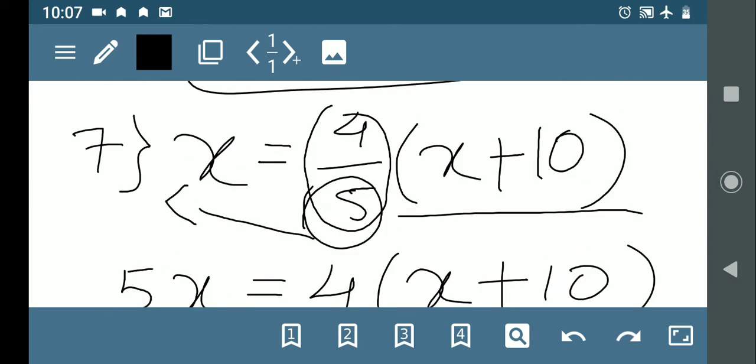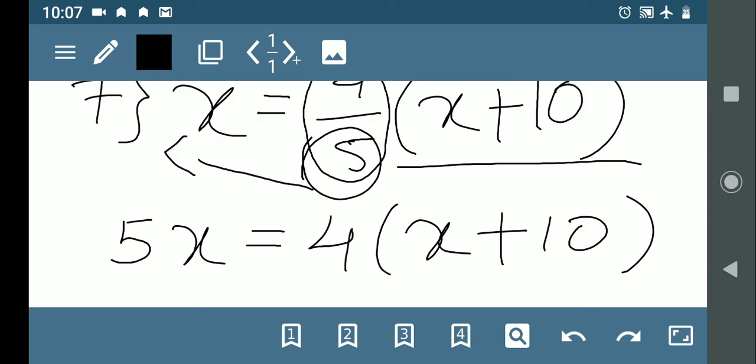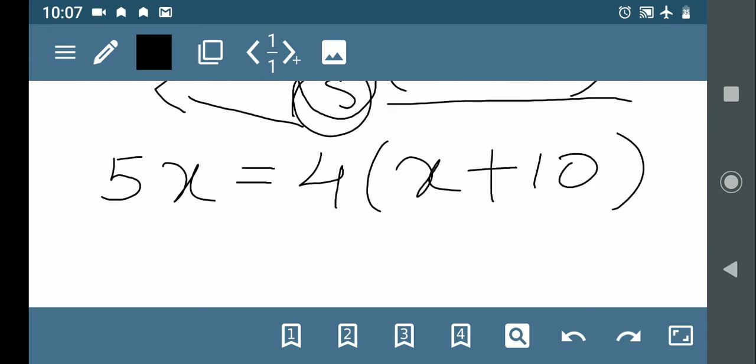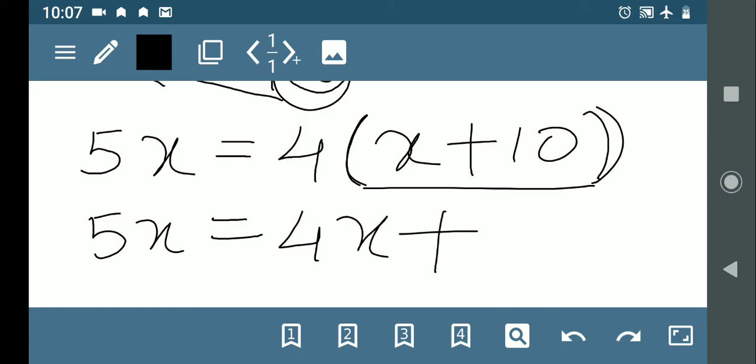Understand? As the whole term is in multiplication, 4 by 5 is common for (x plus 10), you can take this denominator to the LHS to make it multiplication. So now we have 5x is equal to 4 into x, bracket means the 4 should be multiplied with all the terms inside the bracket. 4 into x is 4x, plus 4 into 10 is 40.